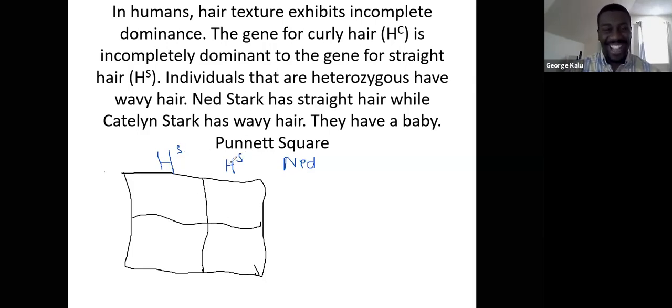Now, if Catelyn Stark has wavy hair, I'll put her in pink. I'll just put Cat for Catelyn here. So if she has wavy hair, what is her genotype going to be?